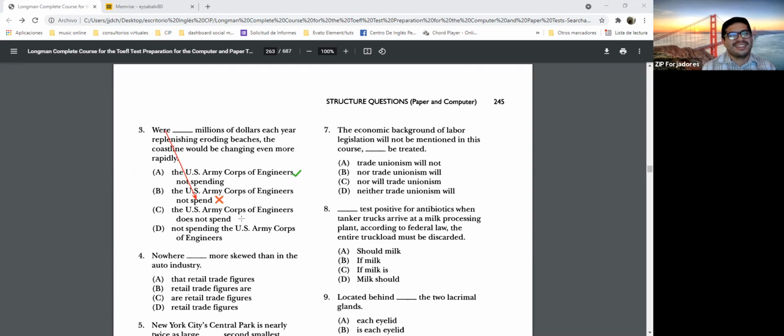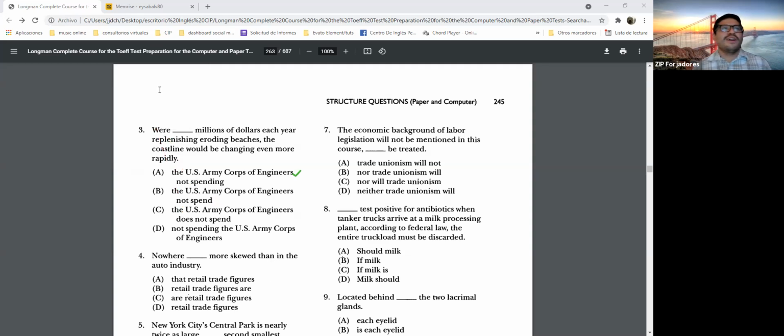And also, where is the auxiliary? We already have another auxiliary, and we only need one, so that's why it couldn't be letter C. And letter D, because it's not inverted. All right, very good, excellent.